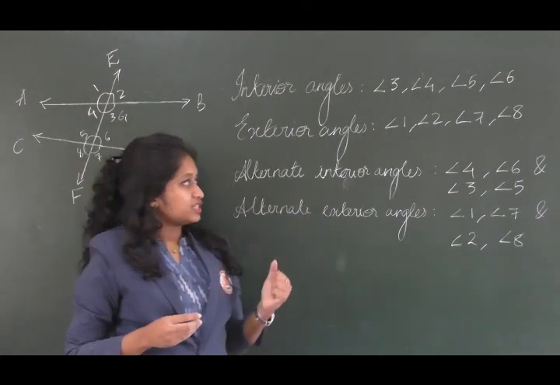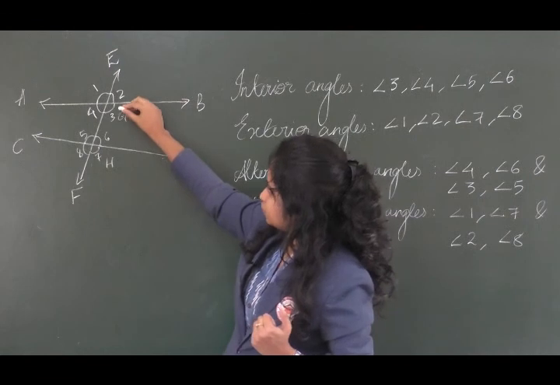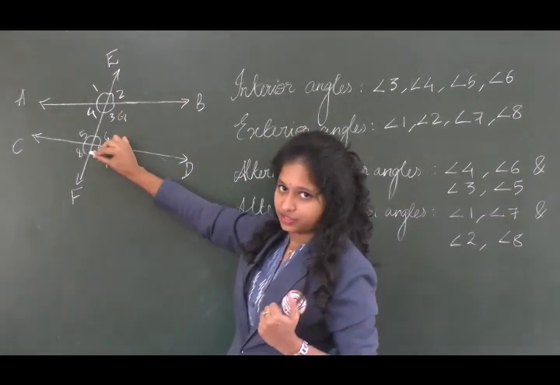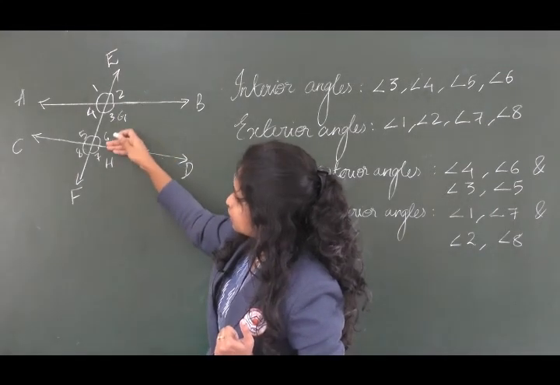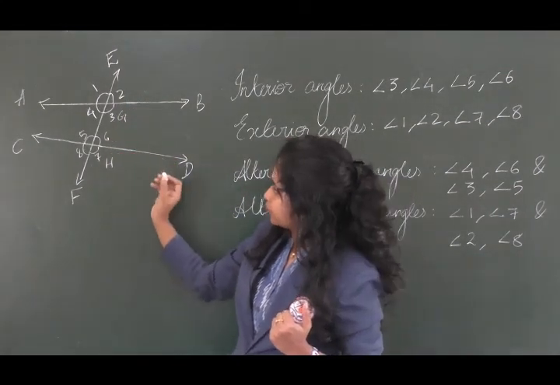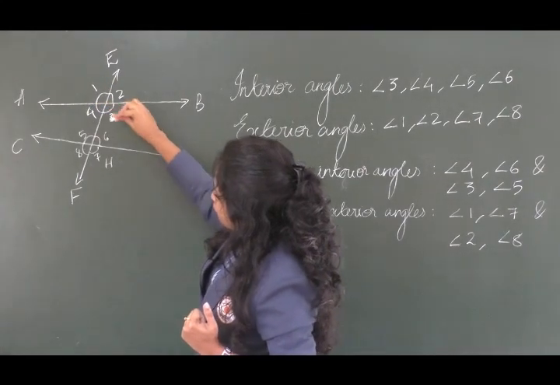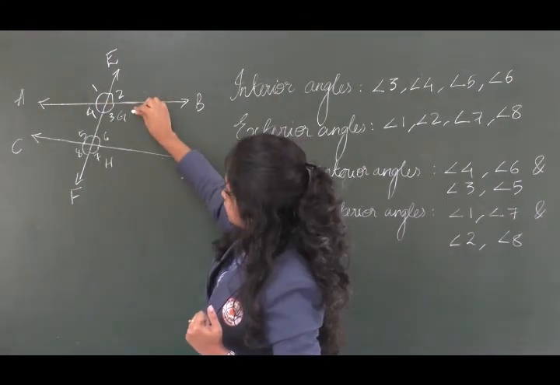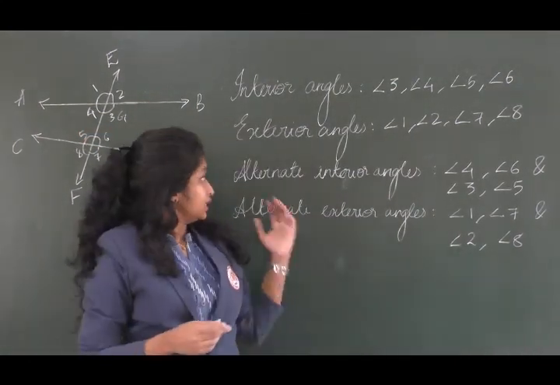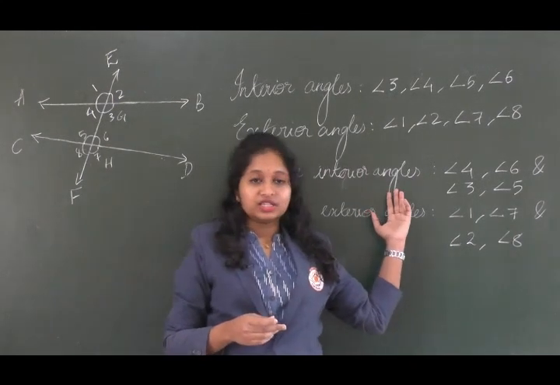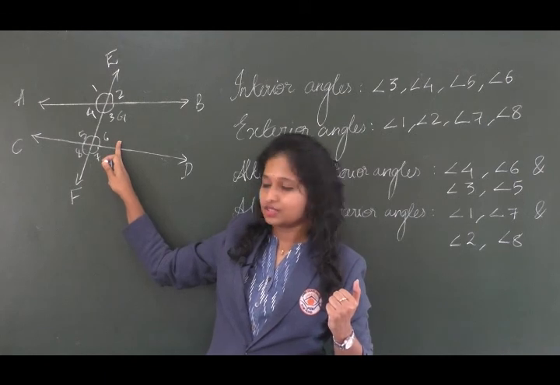Now what about alternate interior angles? Here, if you observe, this is the transversal, right? Now 3 and 6 form the linear pair. And here 4, 6, 3, 5 are alternate interior angles. Aren't they alternate? Yes.